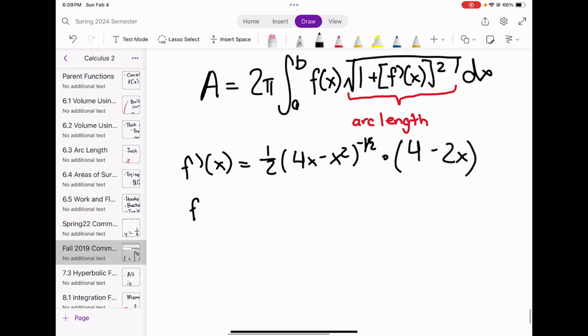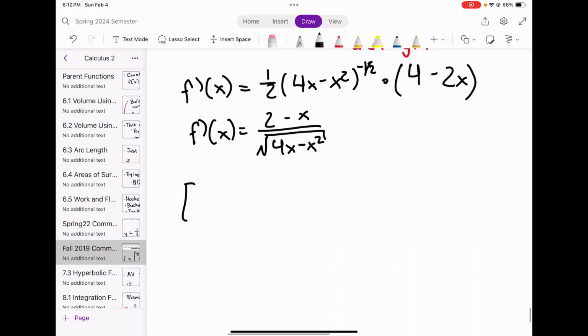I'm going to rewrite that so I can cancel out the 2. So you get 2 minus x over the square root of 4x minus x squared.